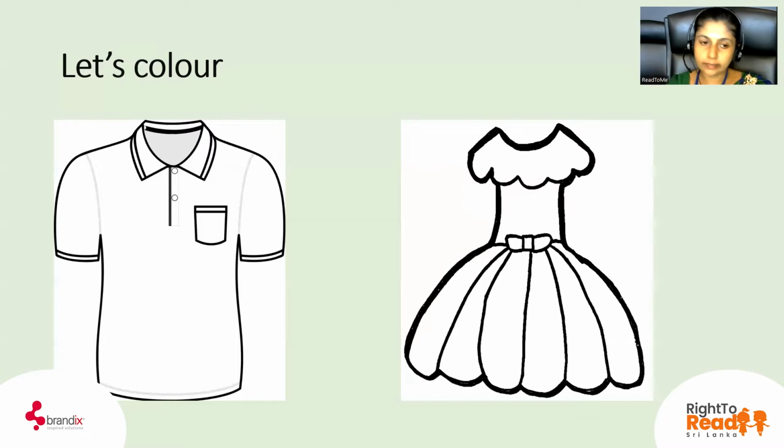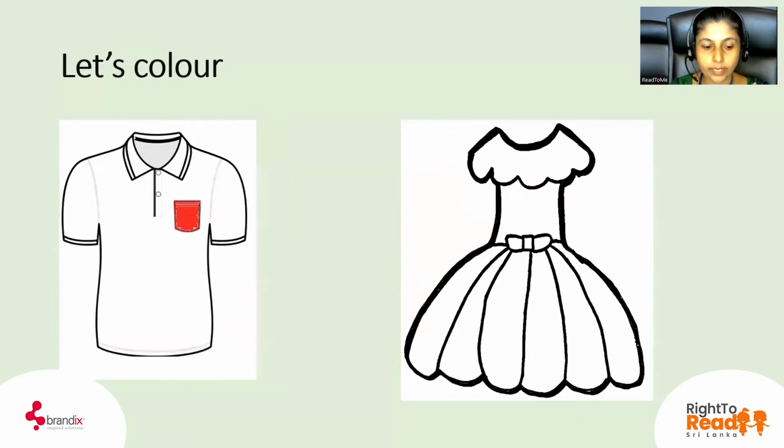Okay, shall we do the activity now? Now listen carefully. I am going to read some description. You have to color the shirt according to the description. First thing is to color the pocket in red. Then the collar is in blue.